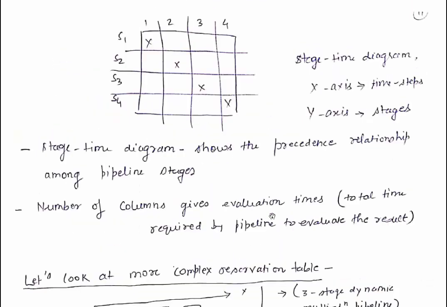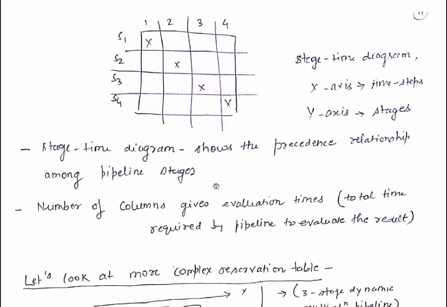Now this is your stage time diagram, or a reservation table. The x-axis represents your time steps, and the y-axis represents your stages. This stage time diagram shows the precedence relationship among pipeline stages. It shows at which time step you are at which stage. So in which time step S1 would be executed, you can easily tell from this diagram.